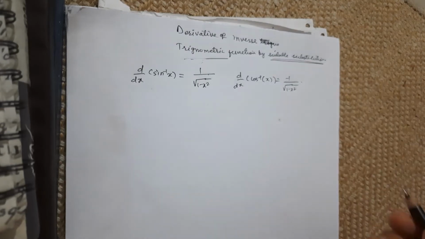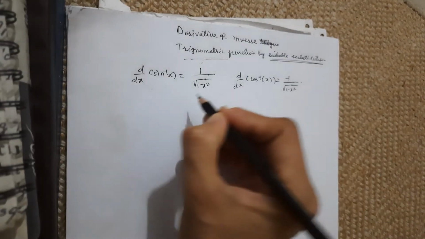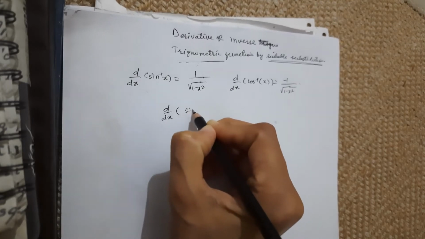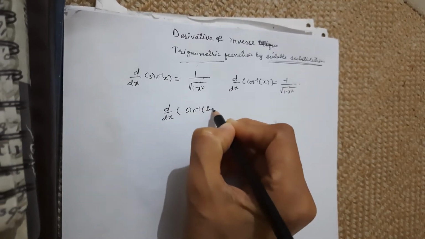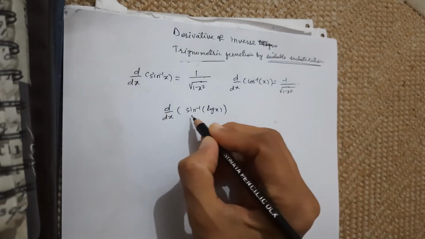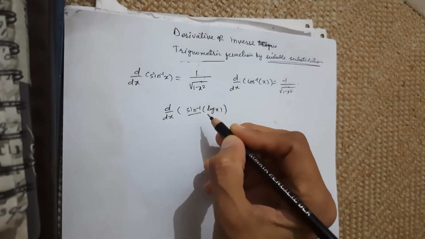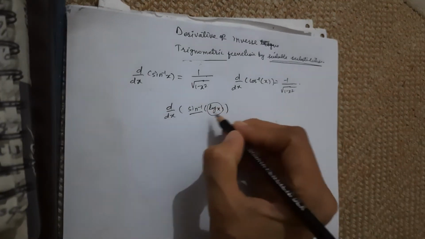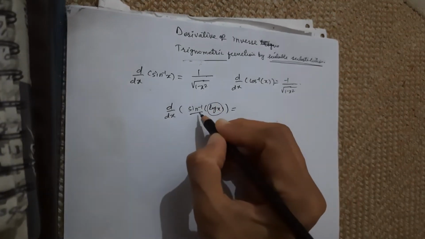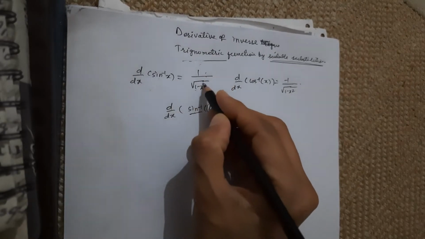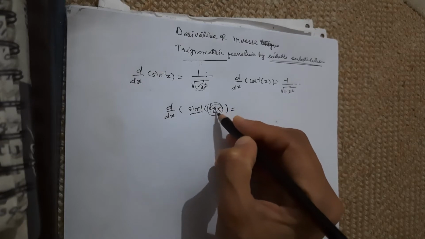This simple formula exists, and suppose I want to find the derivative of sine inverse of log x. Then this becomes a composite function, and I first write the derivative of the outer function multiplied by the derivative of the inner function. The derivative of sine inverse is 1 upon root 1 minus x square, and my x is log x here.